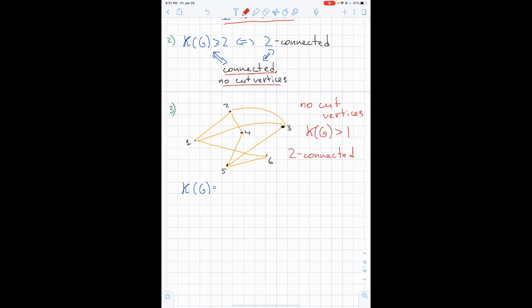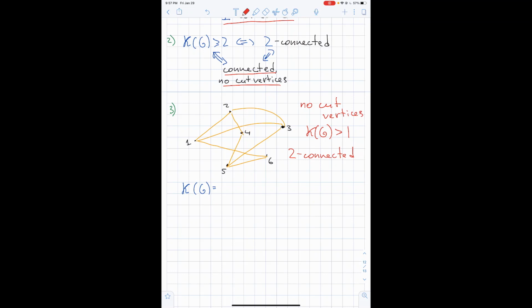So the question is, is there a cut set consisting of just 2 vertices? Well, in fact, yes, and there is an easy way to find it. So we do have a vertex of degree 2. So a vertex with just 2 edges. So then if we remove the neighbors of this vertex, the graph will become disconnected.